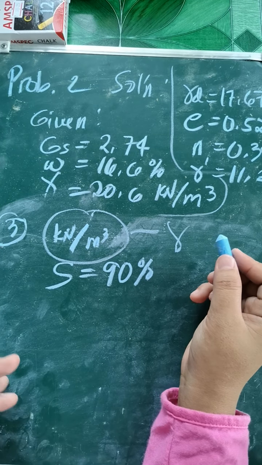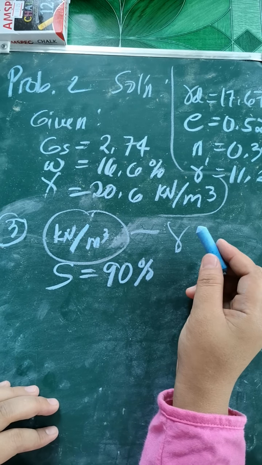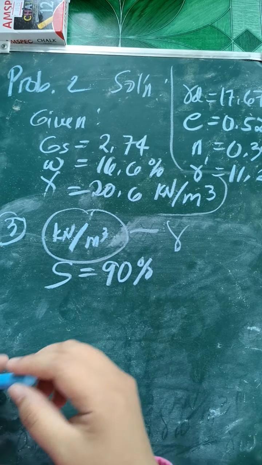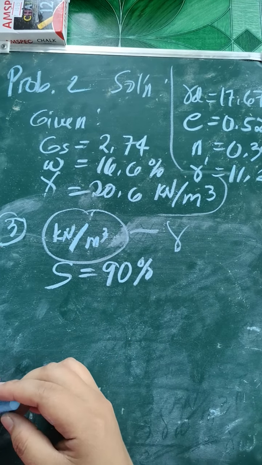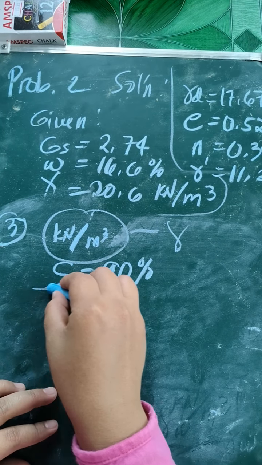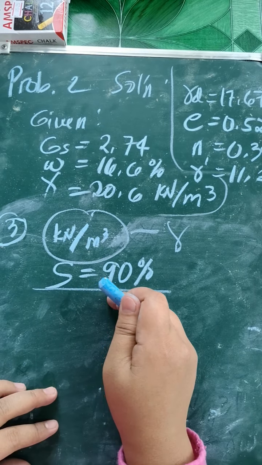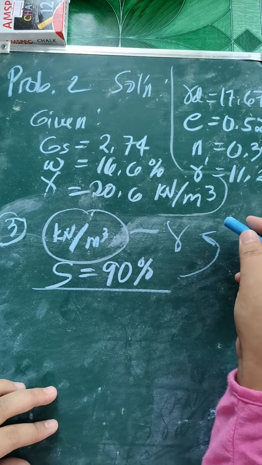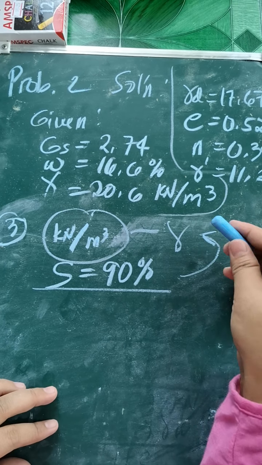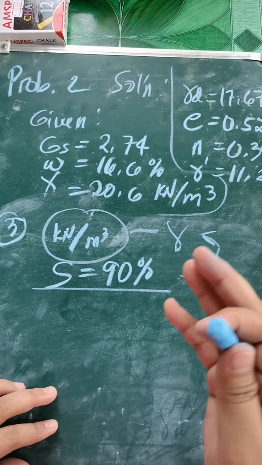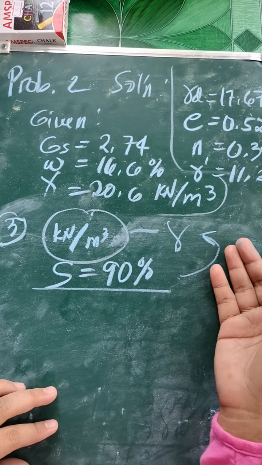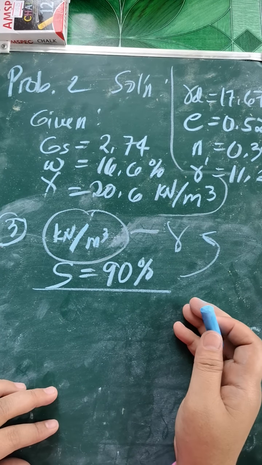So how to solve this one? What's the tip here? Take a look. There is a degree of saturation which is 90%. Therefore, what condition of unit weight is asked? So we have the dry unit weight, we have the moist unit weight, and we have the saturated unit weight, and we have also the buoyant unit weight.